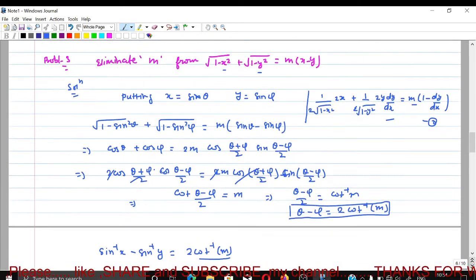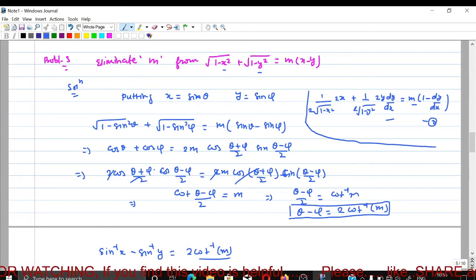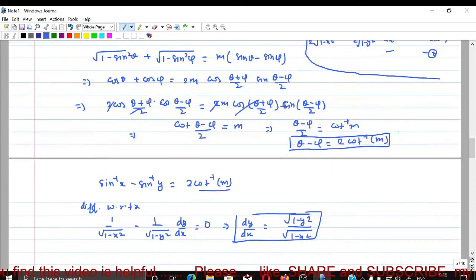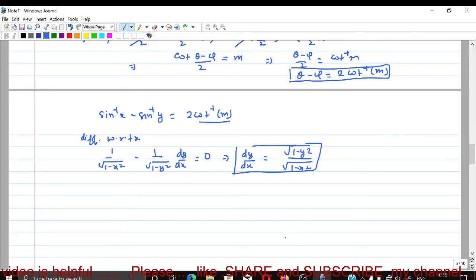And homework for you: try this problem without putting x equal to sine theta and y equal to sine phi. Follow this manner and check that you are able to get this form of differential equation.